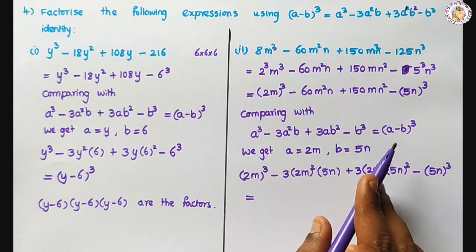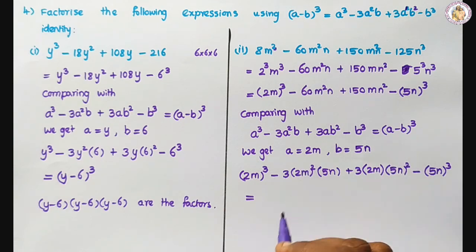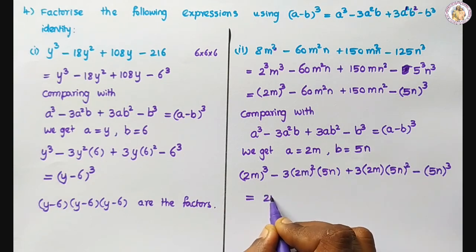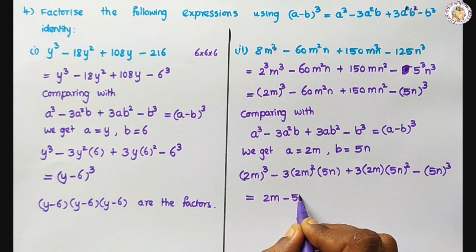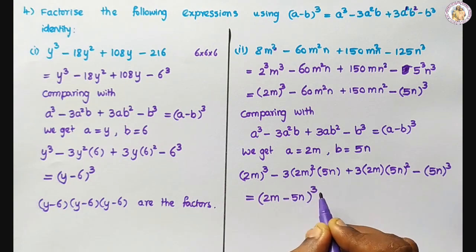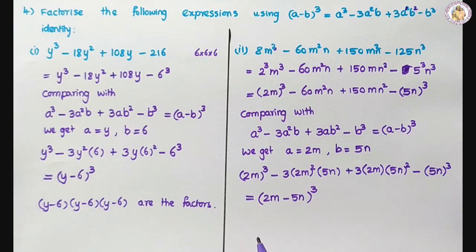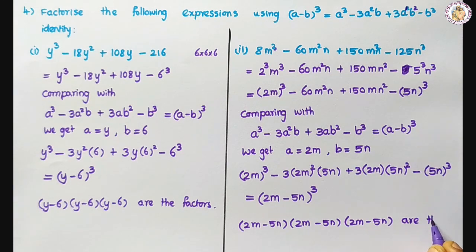It is equal to (a minus b) whole cube. Here a equal to 2m, so (2m minus 5n) whole cube. What are the factors here? (2m minus 5n) into (2m minus 5n) into (2m minus 5n) are the factors. So that is the answer.